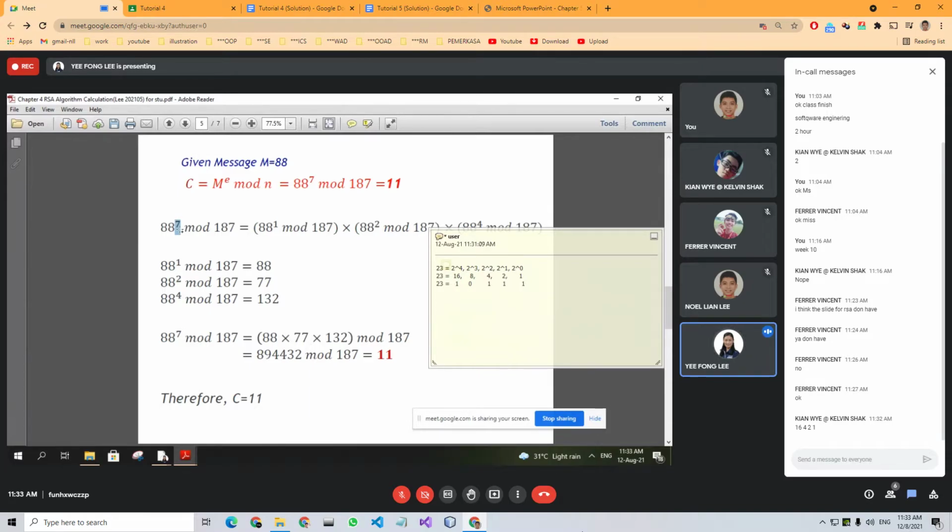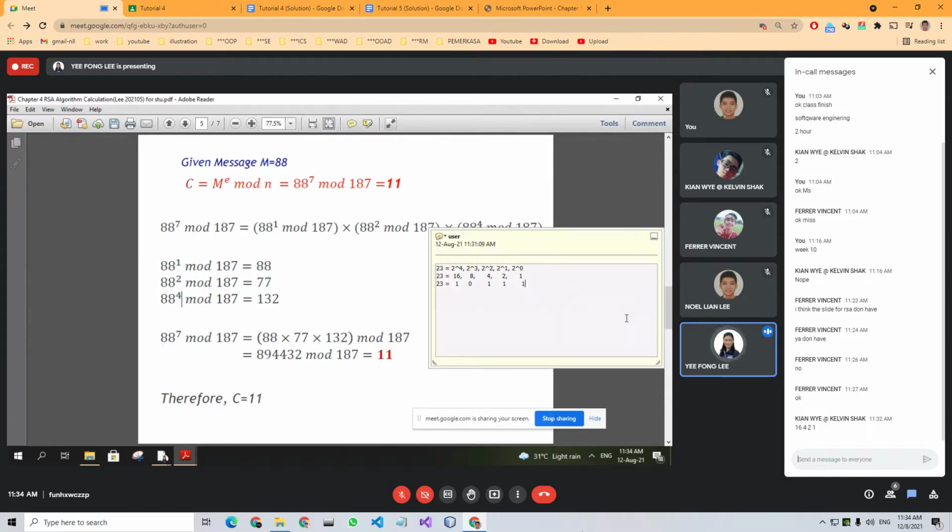So we have to split the 23 into powers of 4, 2, 1, and also 16. So here the answer comes from the power of, what is the final answer?